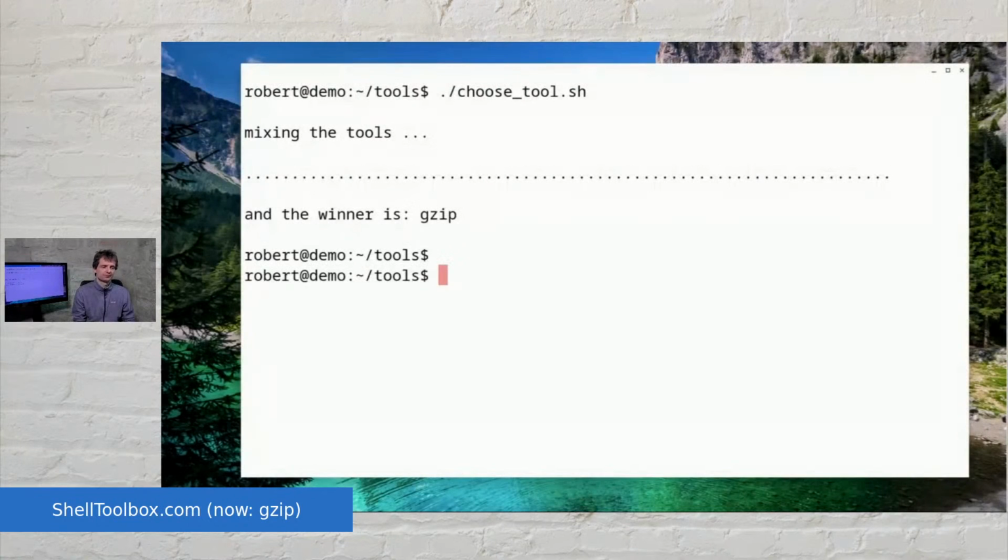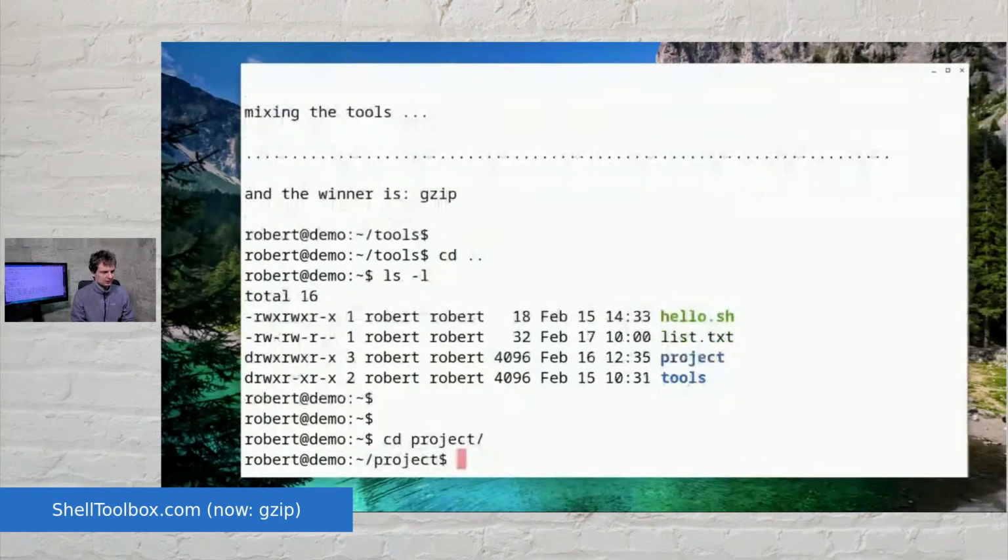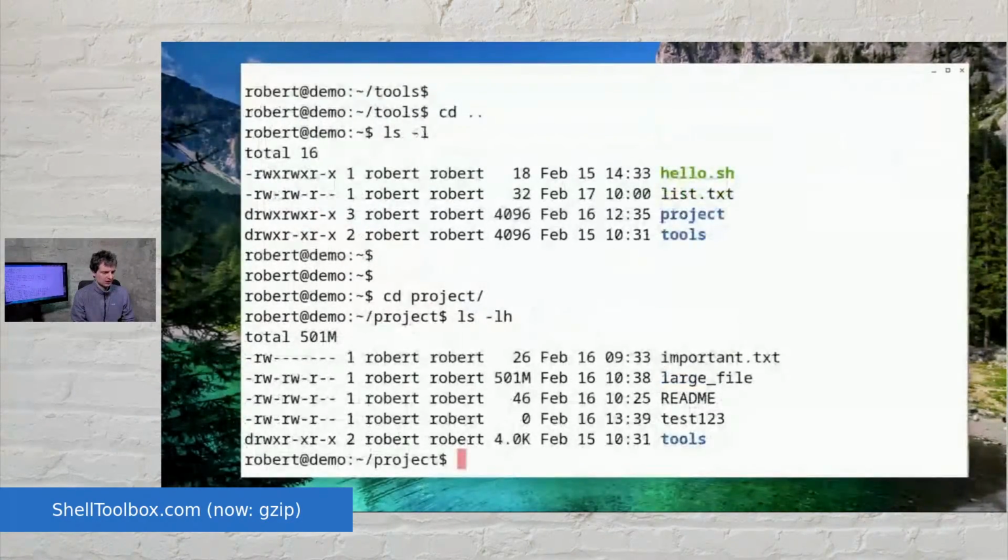The most simple way gzip works is with files. So let's have a look. Let's go into this directory. I have some files here, and they are really small. No need to compress them.